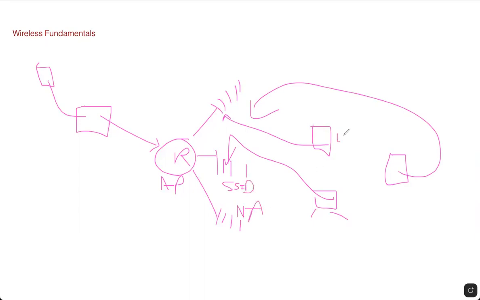For security purposes you will put the username and password to connect to this router with the Wi-Fi signal. By catching that Wi-Fi signal, your laptop, which has a receiver, will be catching the signal coming from the router, and you will be getting the Wi-Fi.